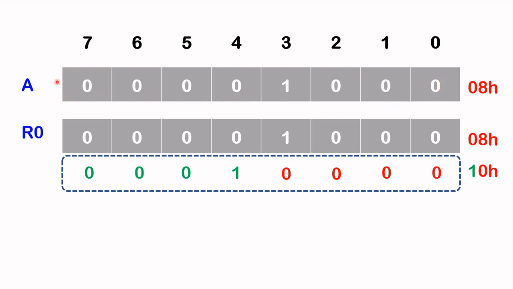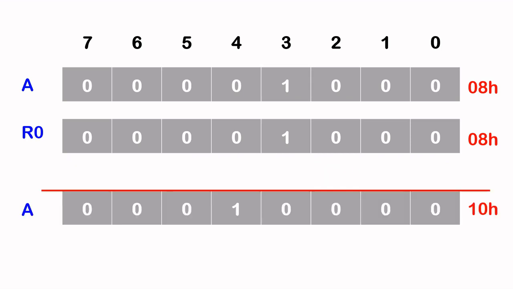So the previous value will be erased and will be replaced by this new value here due to the addition operation. So having completed the addition, this is the result in A.